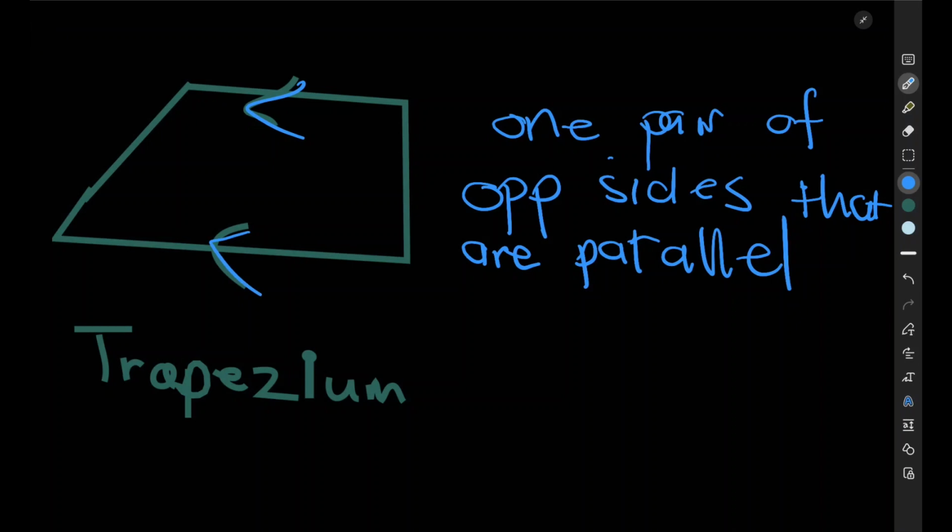So that is it from my side. I hope you were able to go through the video and remind yourself of all these properties of the quadrilaterals, because they come into play. A big chunk of Euclidean geometry is literally based off quadrilaterals, four-sided shapes.